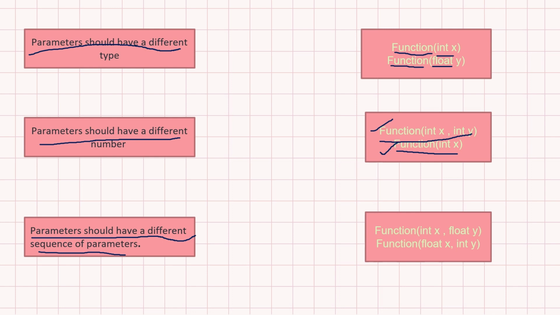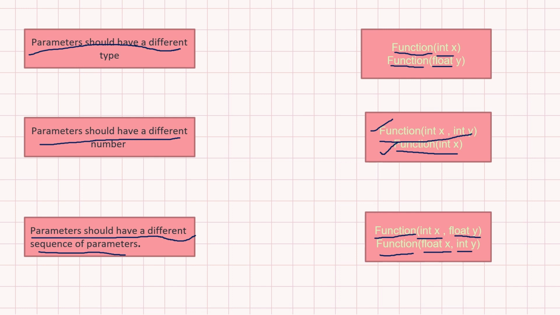Like we have functions with the same name but their operations are different. We take the first parameter as int type, and in the second function we take the first parameter as float type. Similarly, the second parameter is in float type, or the next parameter is in int type.